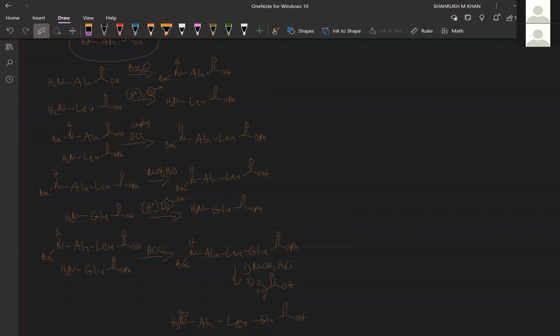Then whatever your next one is, protect the C terminus, couple, deprotect the C terminus, then keep going forward like that. If you're going left to right, you only have to do an N protection once in this entire thing, right? Then all you do is keep doing C protections and deprotections and then keep coupling, and then you get your final product. Okay.